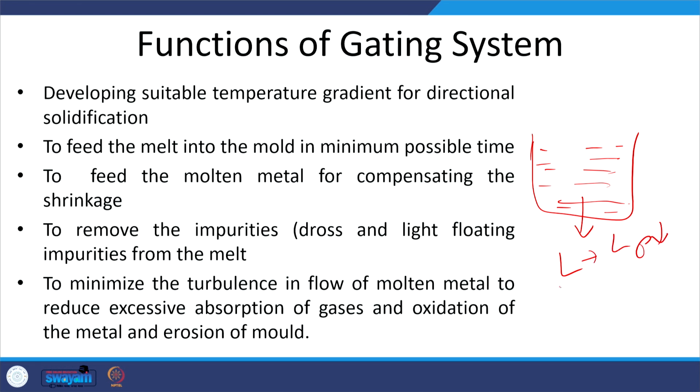Then another shrinkage will be happening due to the change of phase from the liquid to solid. So, these two types of shrinkages must be taken care of by the gating system by feeding the extra molten metal desired to deal with them. One, the reduction in the volume of the molten metal due to the drop in temperature from one temperature to the solidus or liquidus temperature, and thereafter the shrinkage due to the change of phase from the liquid to solid.